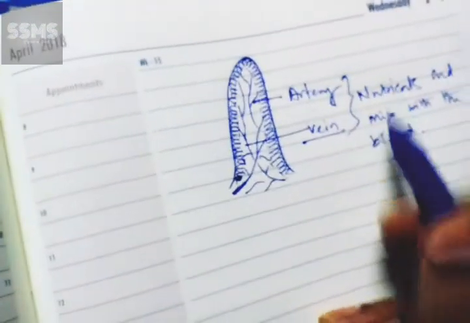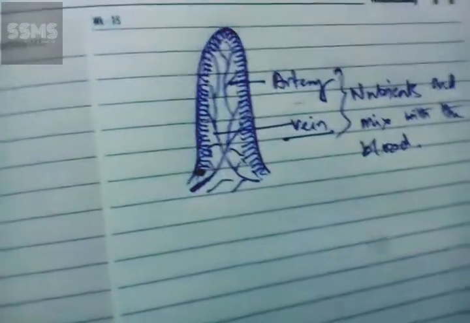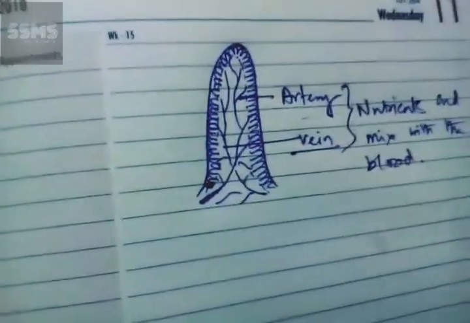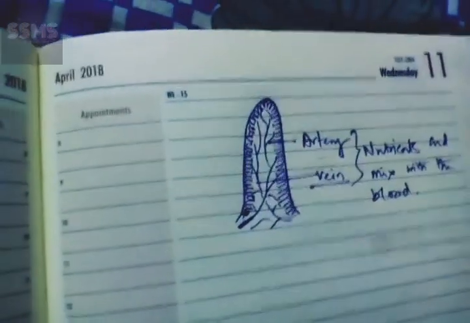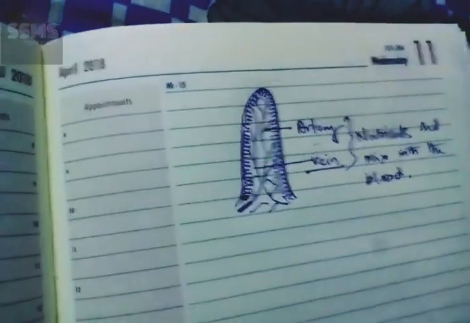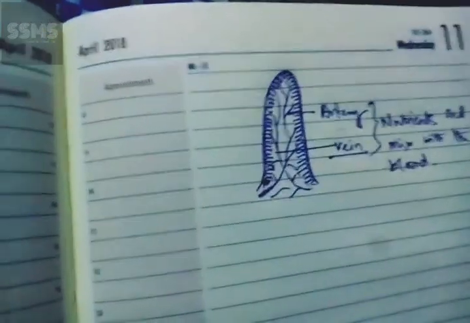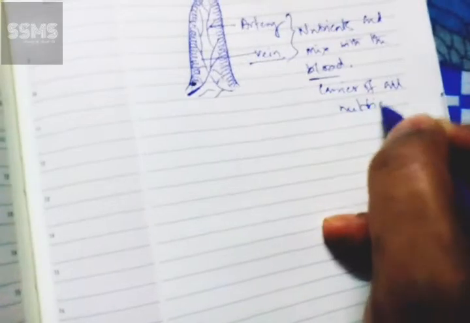Actually, they are absorbed by the artery or veins, and mixed with the blood. Okay, so that's why our blood gets enriched with the different types of nutrients like carbohydrates, proteins, fats, and our blood circulates throughout our body, and our cells also get nutrients from the blood. Okay, so here blood works as a carrier of all nutrients.